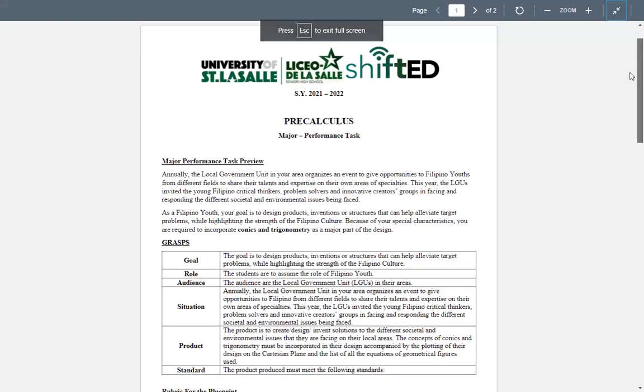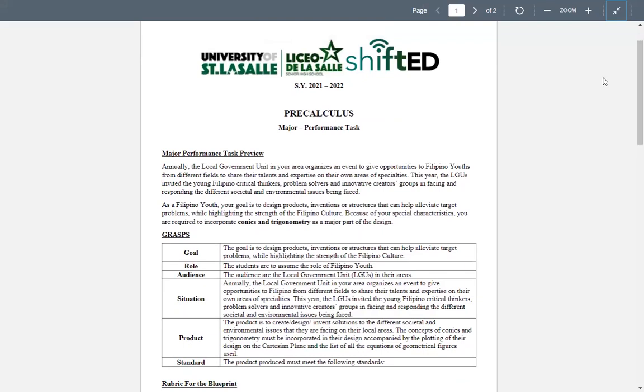And I know that everybody is already aware of what we're going to do for this major PT. So just to give you a recap, here's our major performance task preview. It says annually, the local government unit in your area organizes an event to give opportunities to Filipino youths from different fields to share their talents and expertise on their own areas of specialties.